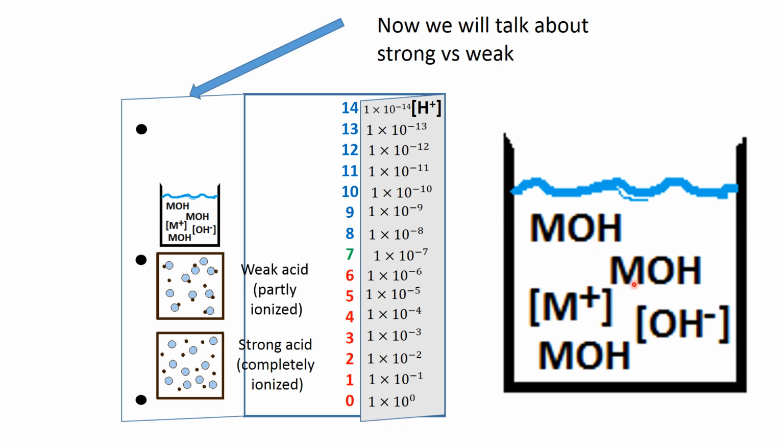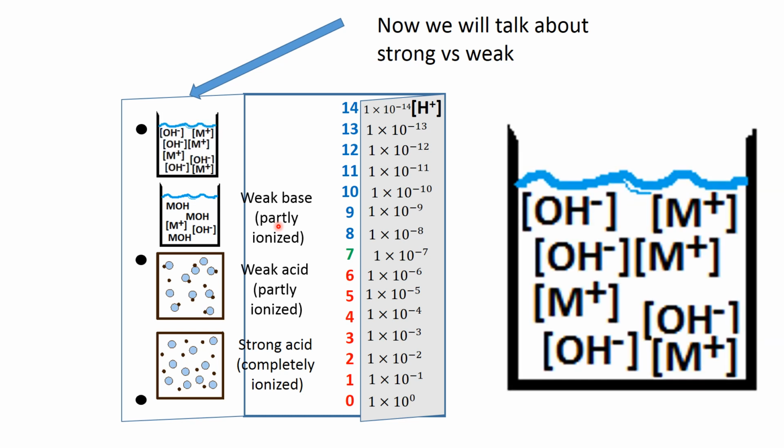This one, and this one. Only one of them has split apart into the metal cation and the hydroxide, which is what makes it basic. So this is a weak base, and we'll describe it as a weak base and then parenthetically partly ionized.